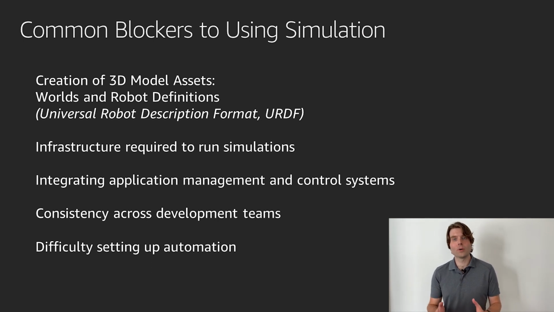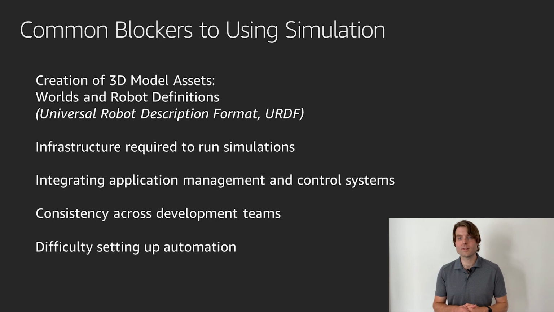All right, so at this point, we've determined that using simulation in your development workflow can provide multiple benefits, from increased feature release velocity to a faster pace of innovation. However, there are some key challenges and blockers developers face when getting started. First, creating 3D model assets to build a virtual representation of your robot, along with any objects in 3D worlds, is difficult.